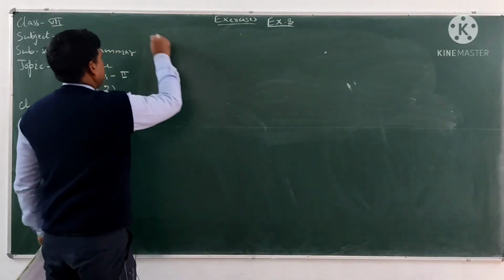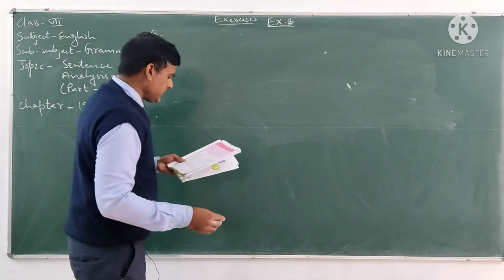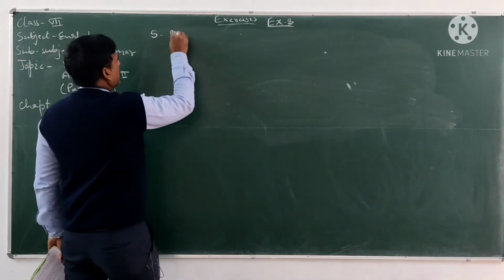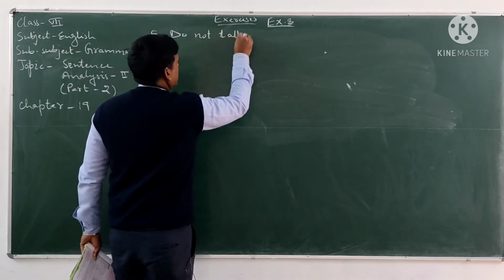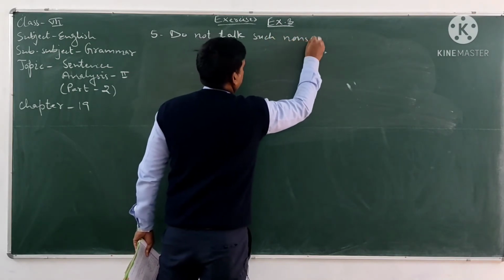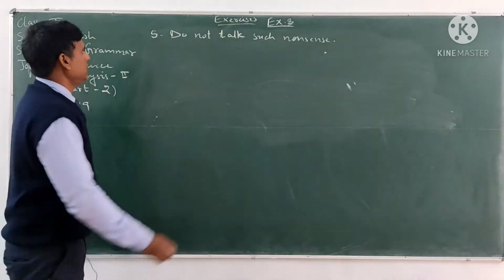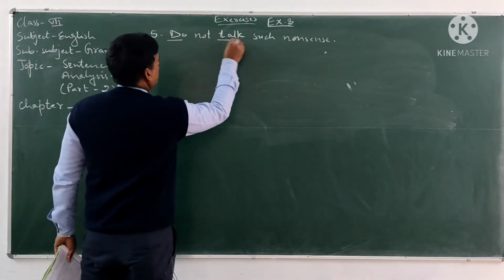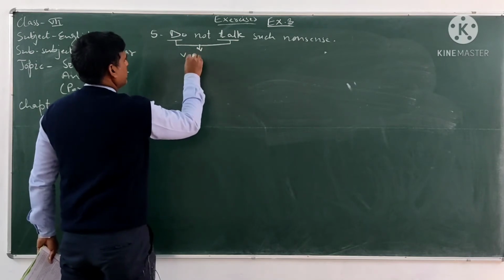Sentence number 5 is, do not talk such nonsense. In this sentence, do and talk, these two are verbs.